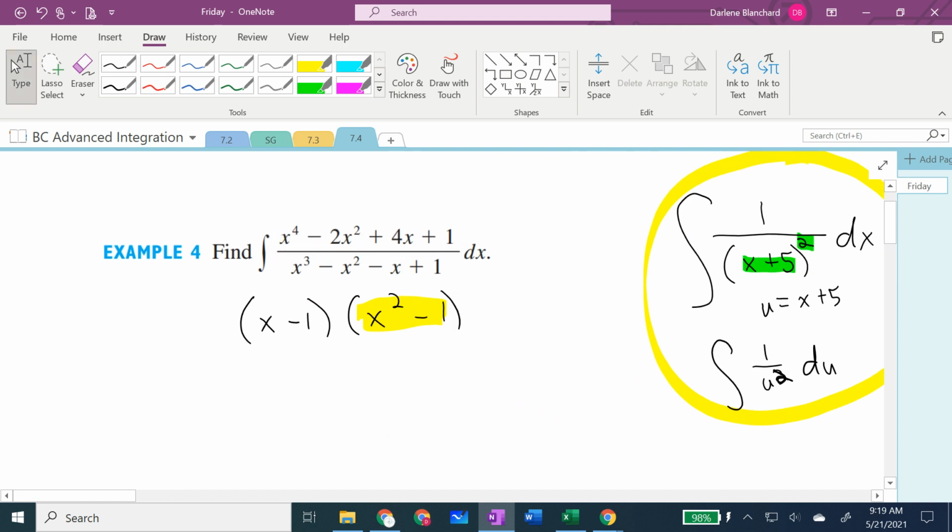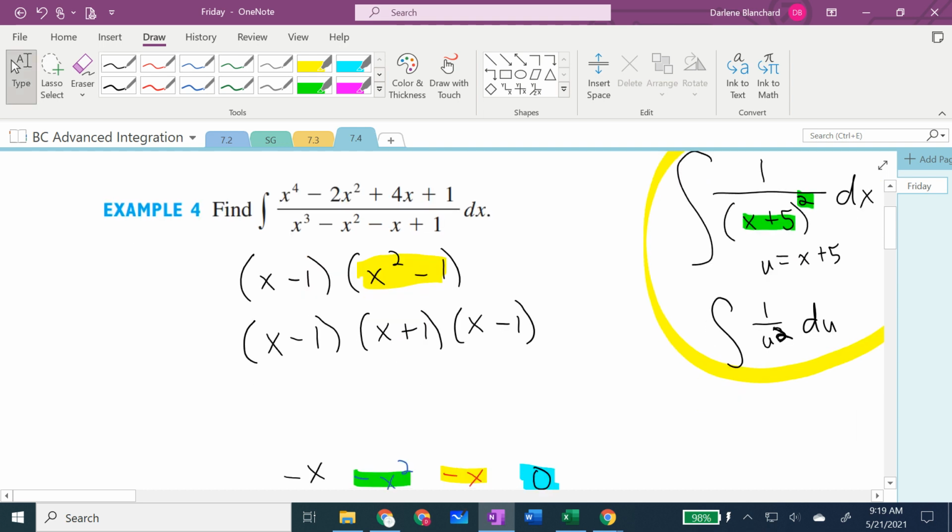Now, this does factor to x minus 1 times x squared minus 1. But I can factor that x squared minus 1 further. And anytime you can factor further when you're trying to manage integrating a rational function, you want to.